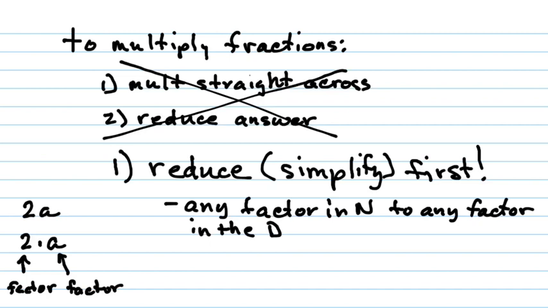And if they're put together with multiplication, how do you think you'll take them apart? What's the opposite of multiply? Divide. Okay, good. Now, any factor in the numerator to any factor in the denominator in either fraction.